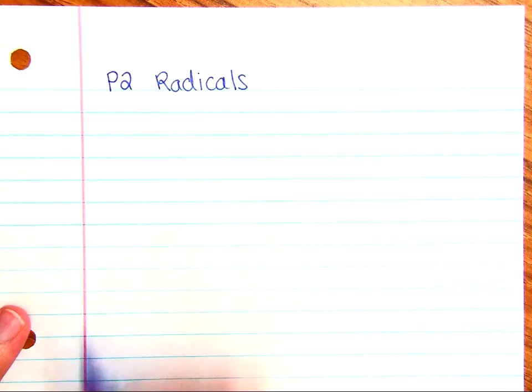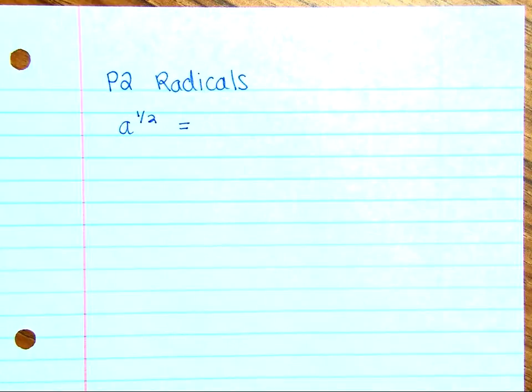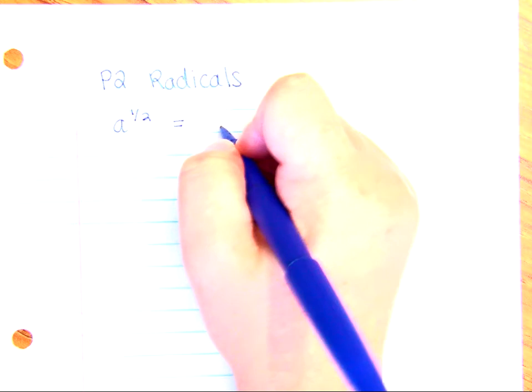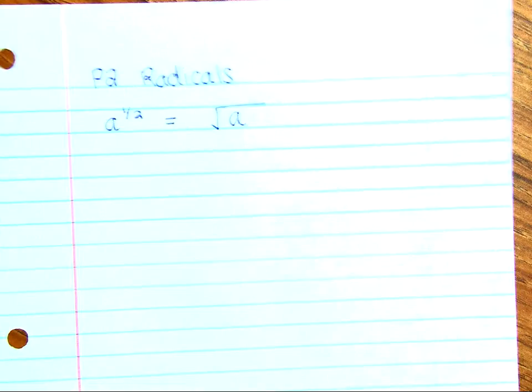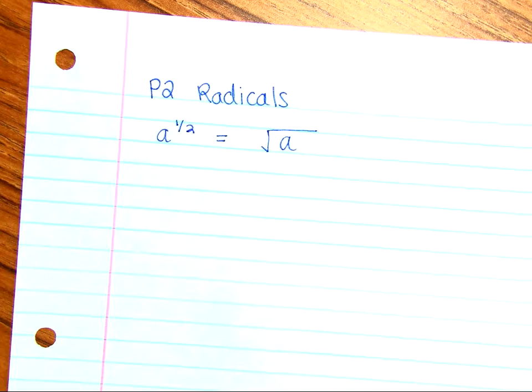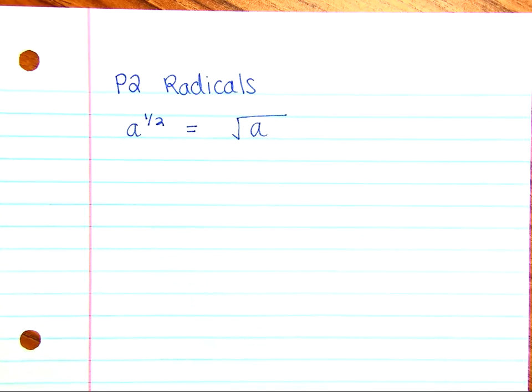So we need to remember that if we have an exponent written as a radical, so for example a to the 1/2, we can rewrite that as a radical a, and then it's just a matter of remembering where your 1 and your 2 go.